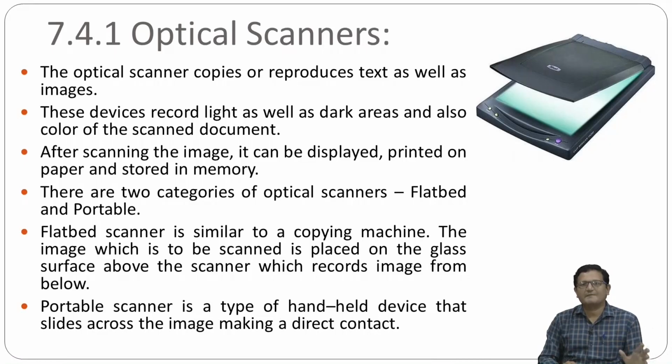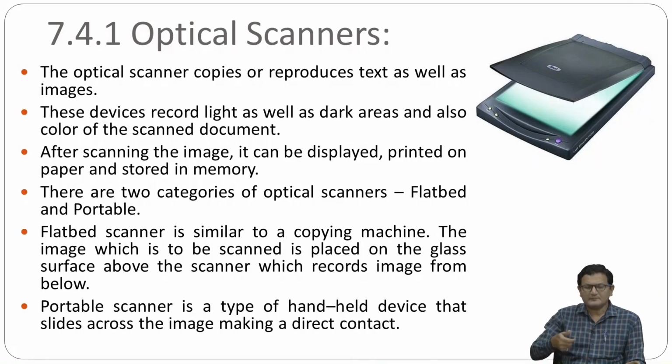Now there are two types of scanners. One is called a flatbed scanner and the second is a portable scanner. The image I have shown here of an optical scanner is called a flatbed scanner, right? It is the same as a copier machine. But if we talk about an OMR reader, it is a small handheld scanner, right?